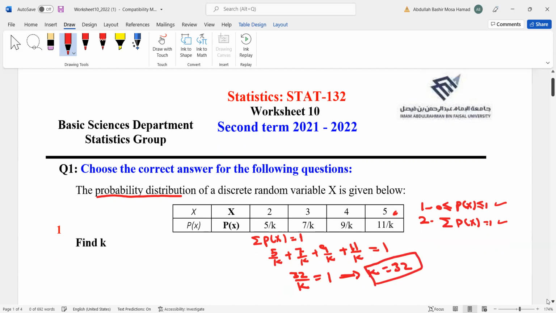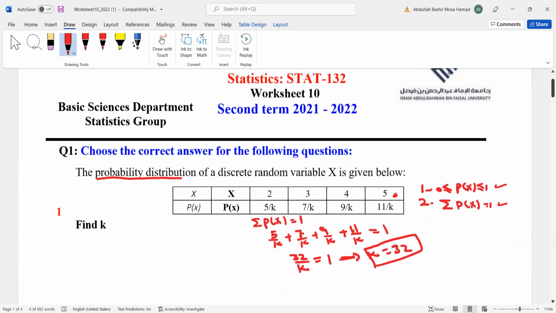If this is a probability discrete distribution, then k should be equal to 32. If we substitute k with 32, then the first condition is satisfied, and the second condition is also satisfied. So the value of k is 32.